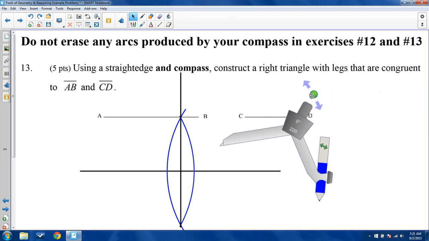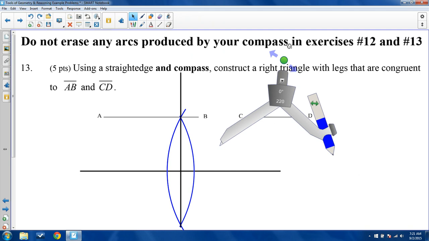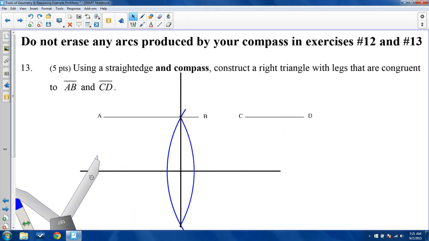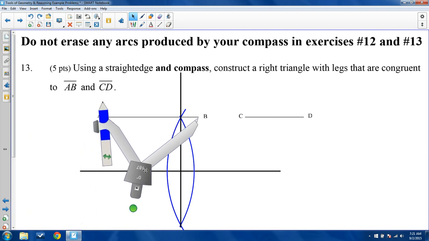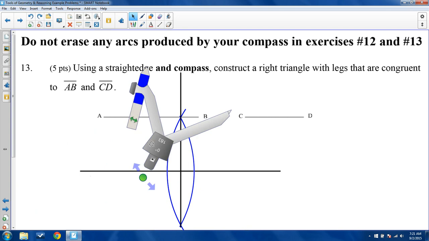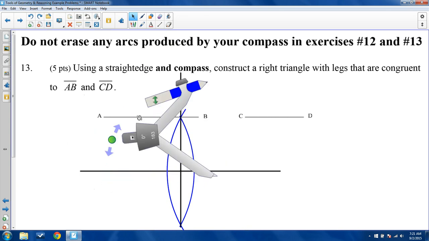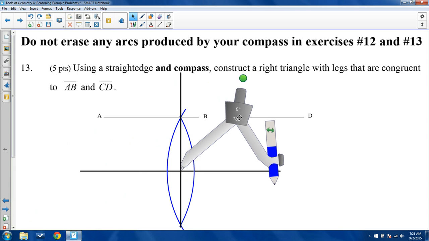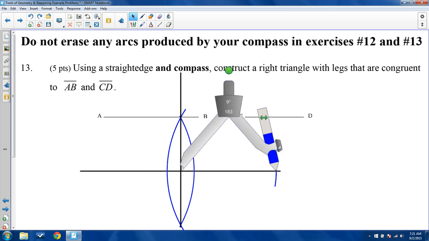So, if you can imagine, I'm just looking to get AB's length with my compass, and I can start from the perpendicular bisector, the actual point, and mark off where it's going through.